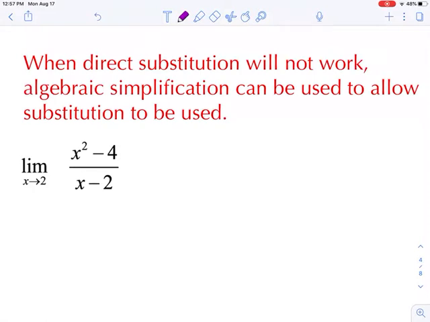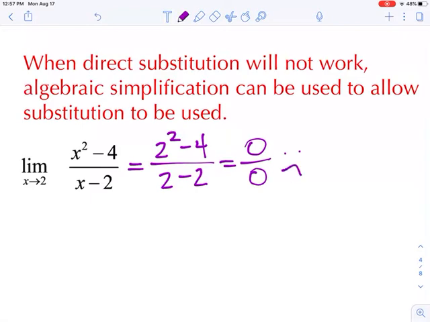I have a rational expression here, and we try direct substitution. 2 squared minus 4 over 2 minus 2. Oh my, we get 0 over 0. And we know that that's not okay. The 0 in the numerator is not a big deal, but it's the 0 in the denominator right here.